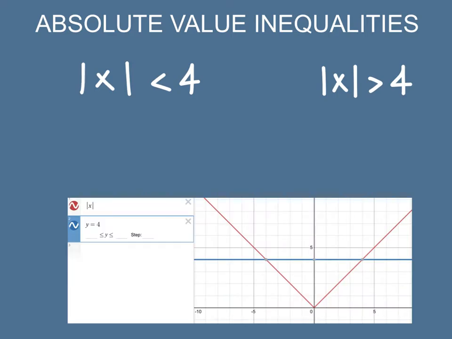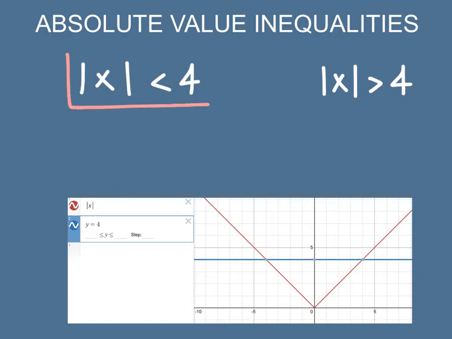Now what I've done is I've gone into Desmos and I typed in the absolute value of x, which gives you this graph that represents a V, and then I drew the line y equals 4, so this horizontal line here. What I want to analyze is where the graph of the absolute value of x is less than 4, meaning, where is this graph below 4?